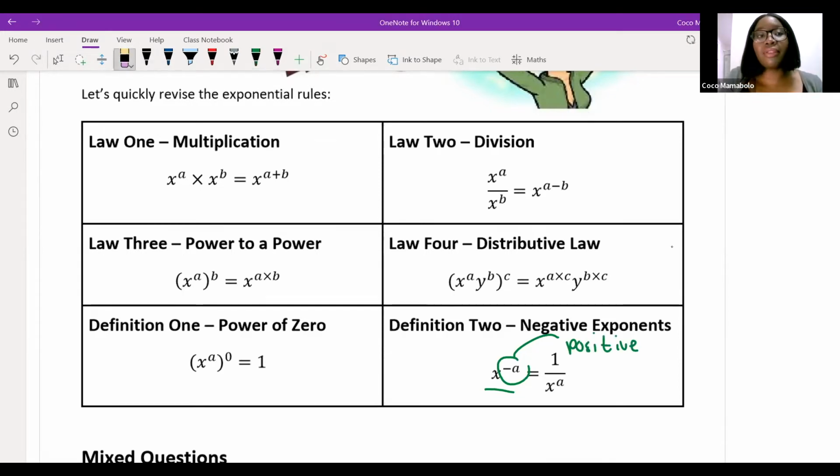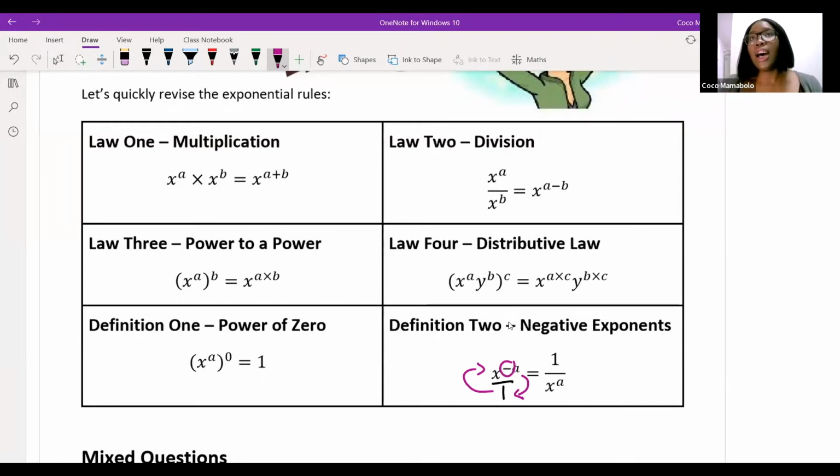So if I have x to the power of negative a, what I actually have here is x to the power of negative a over 1, because anything on its own is over 1. And then I switch them around. I take the 1 over to the top, and I take the x to the power negative a to the bottom, and then I change the sign. So I flip and I change the sign.